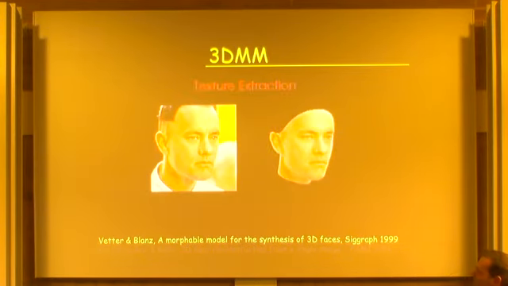And to that end, they scanned, I don't know, hundreds of people, 200 or 300 people. They semi-manually aligned all these surfaces so that the tip of the nose would correspond along all possible realizations. Same goes for the end of the mouth, etc. And then you have a vector of numbers for each and every face which have the same parameterization.